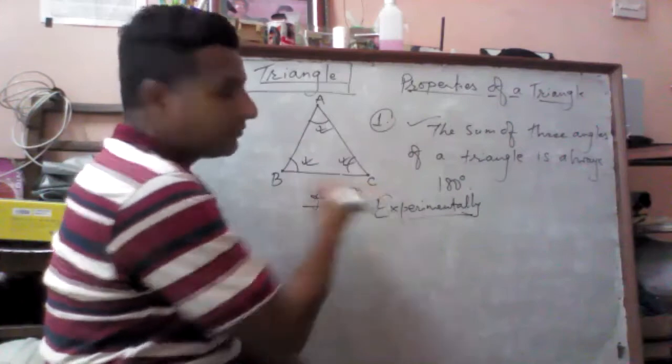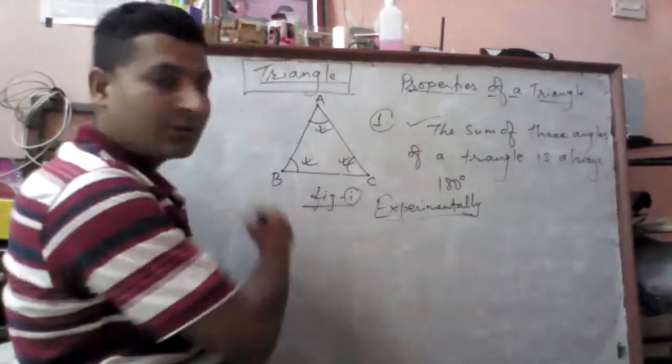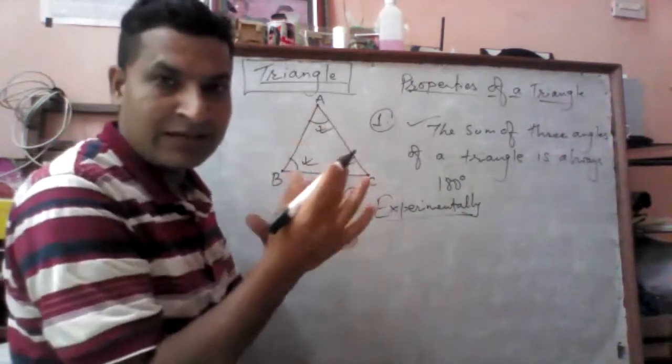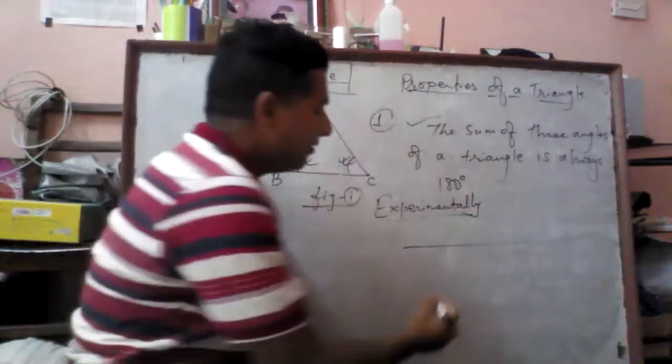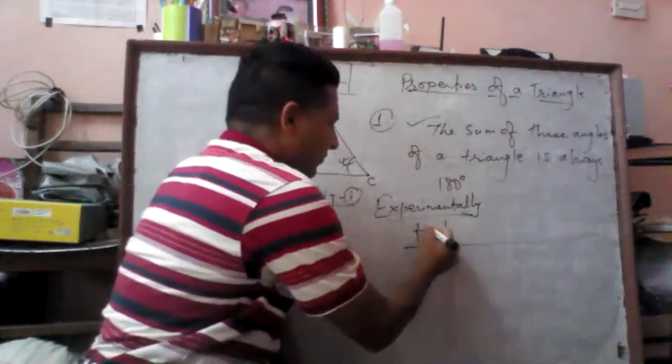Suppose this is the first figure, and another figure also, maybe of a different shape and size. Make a table for figure 1.